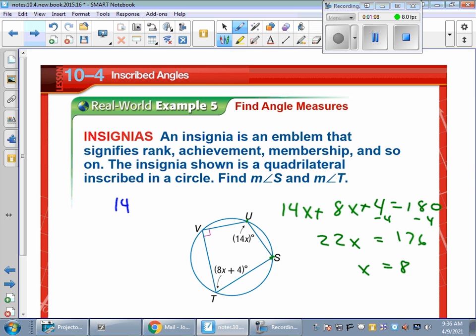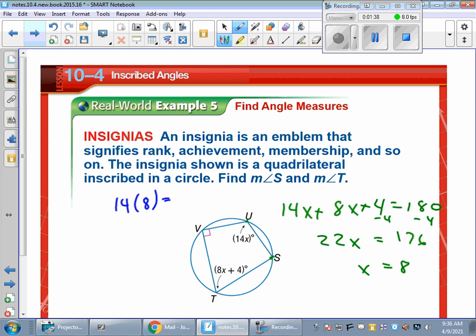So 14 times 8 gives us, that's not 90, so that one is 114. 14x.